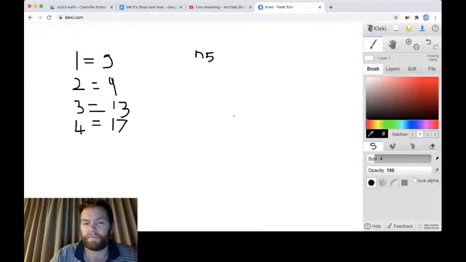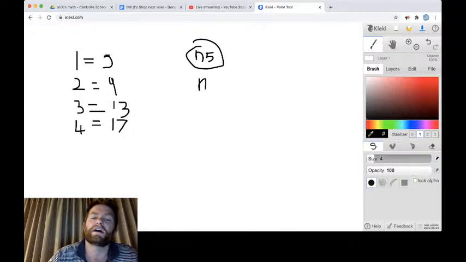So let's go to the second one, and we could run with this idea and see how we can get it to work with our second number. So it's n times 5 minus 1. So let's try that equation. It works perfectly for that one. Does it work for this one?